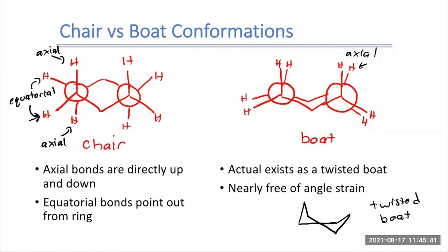Or you can think of it as a boat. It's probably going to start sinking. It's not going to hold off the water very well. But you can see how with the boat, it kind of twists a little bit, and that will reduce our angle strain. So now we're back at the 109 degrees.